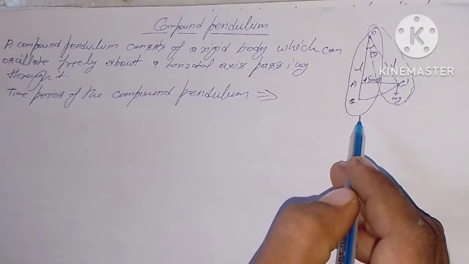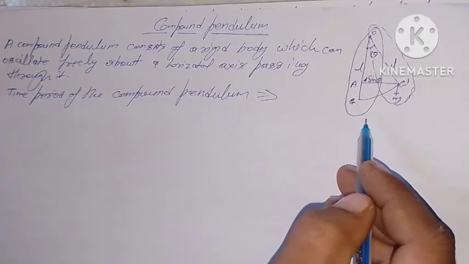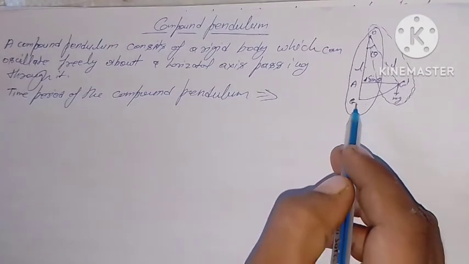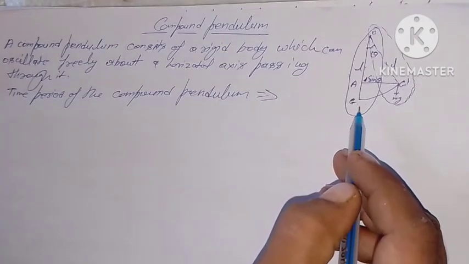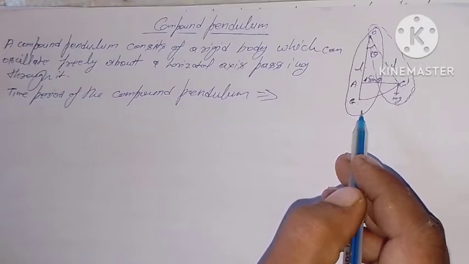But due to inertia it overshoots the mark, and hence starts oscillating about the mean position.